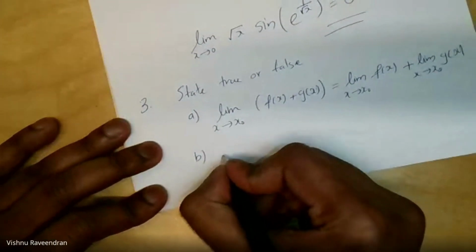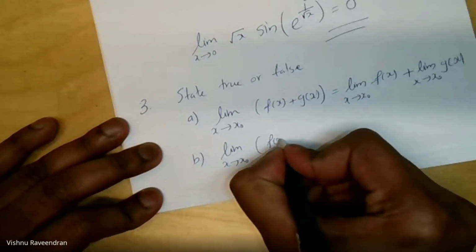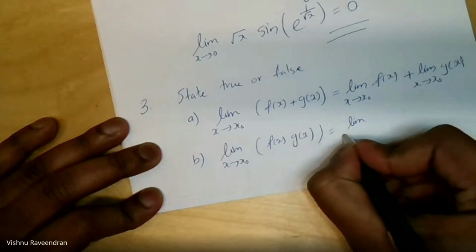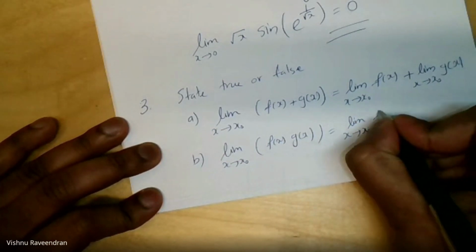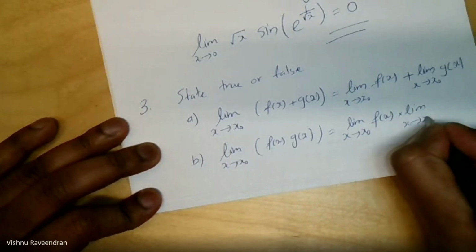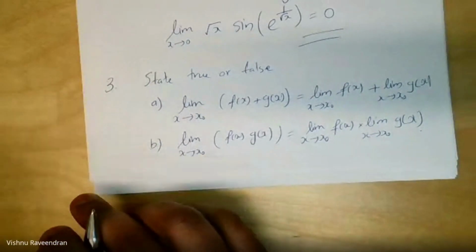And the second one is that limit x going to x naught of f of x into g of x equals limit x going to x naught of f of x into limit x going to x naught of g of x. So this is my question. State whether it's true or false.